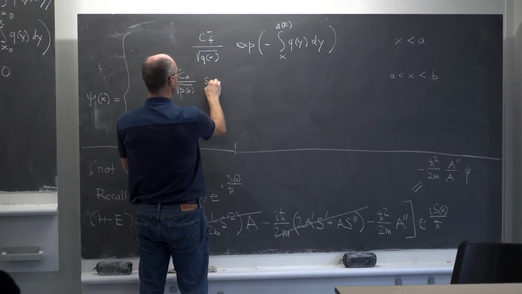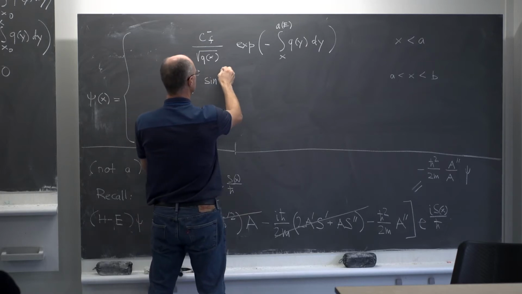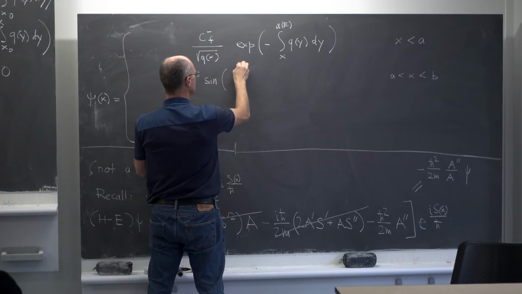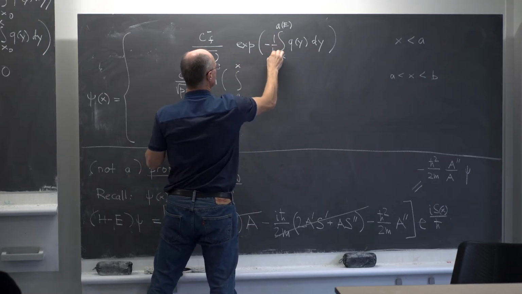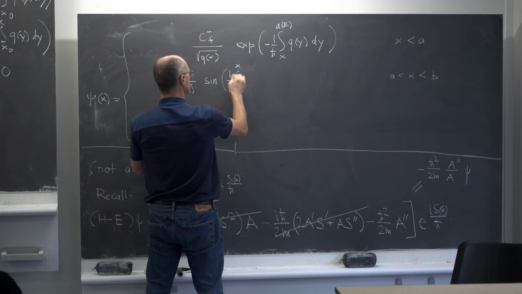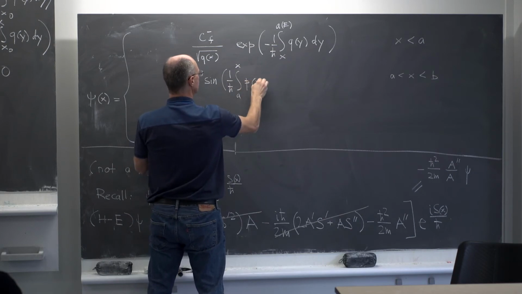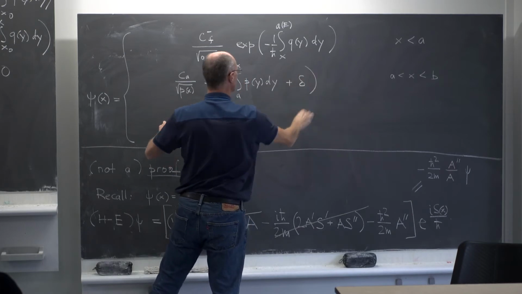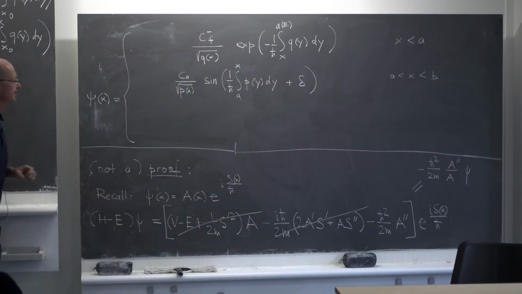And here let me write it in the following way. I'll write it as a sine function, integral, sorry, here 1 over h, of course, 1 over h p of y dy plus some unknown phase delta, right?